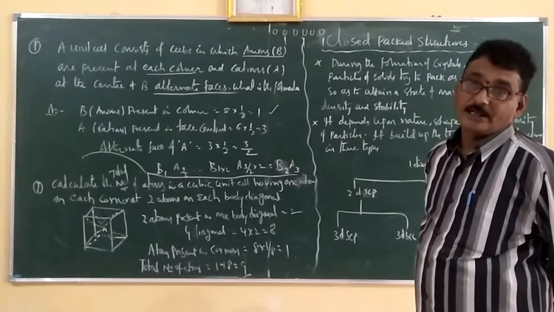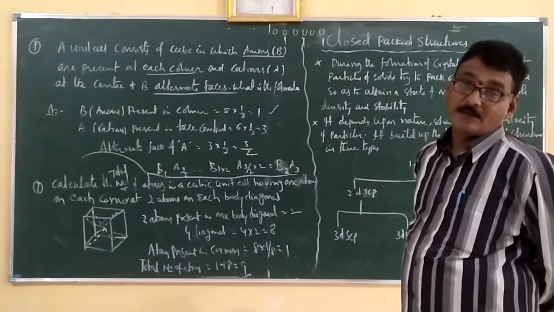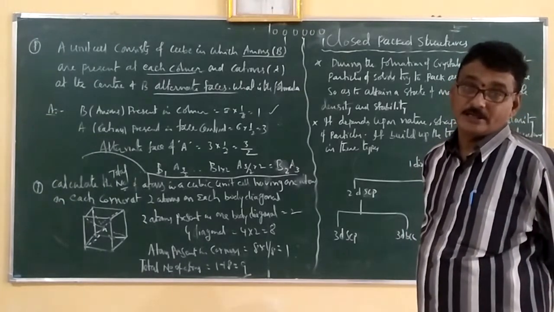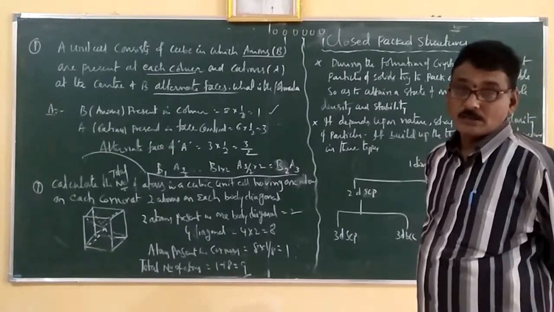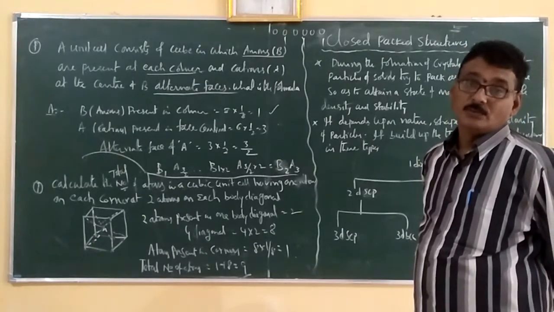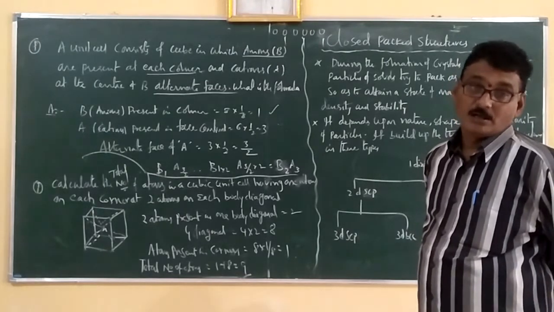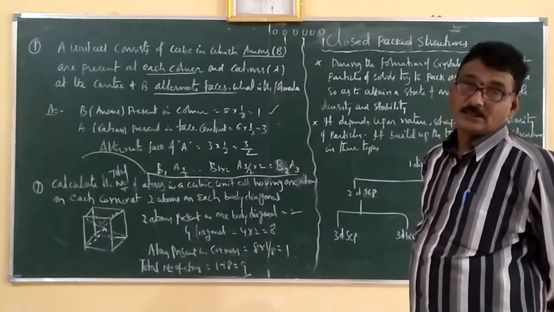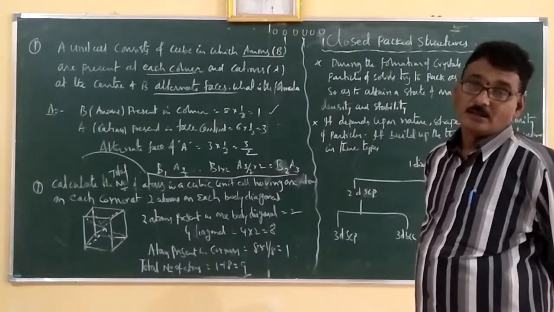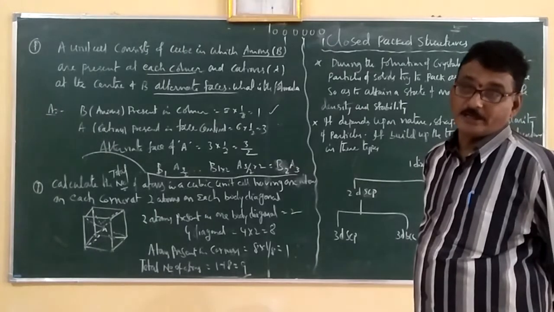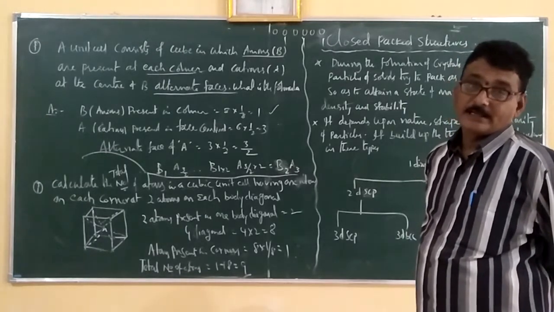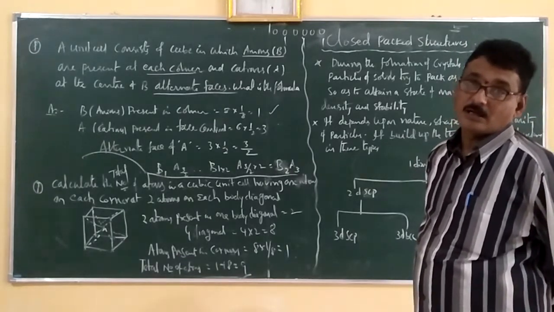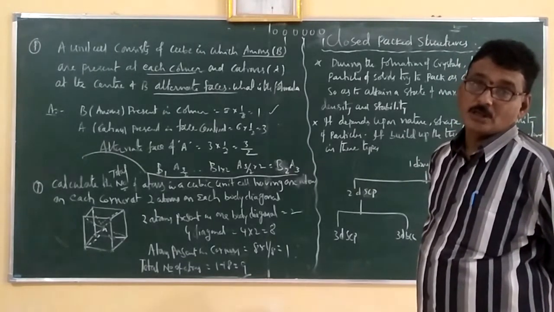Once you know the radius ratio, the radius of the cation divided by the radius of the anion, that is called the limiting radius ratio or radius ratio rho, we can predict the coordination number and also the shape of the lattices. 2 means linear, 3 means trigonal planar, 4 means either tetrahedral or square planar, 6 means octahedral, 8 means cubic.